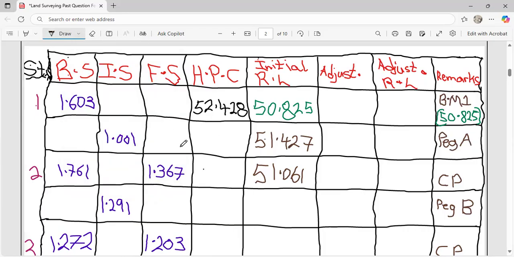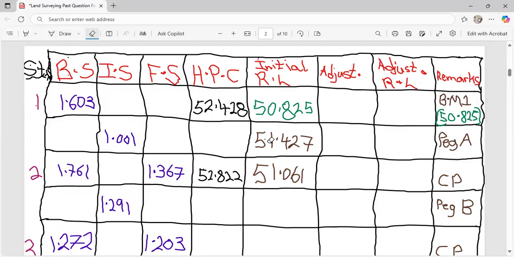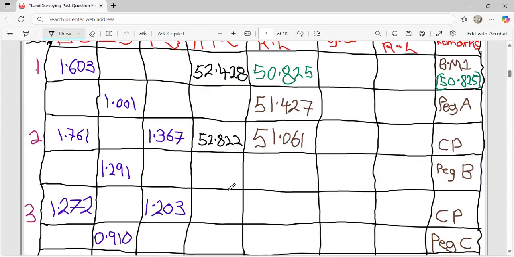And that is written as 52.822. Good. From there, what else are we supposed to do?